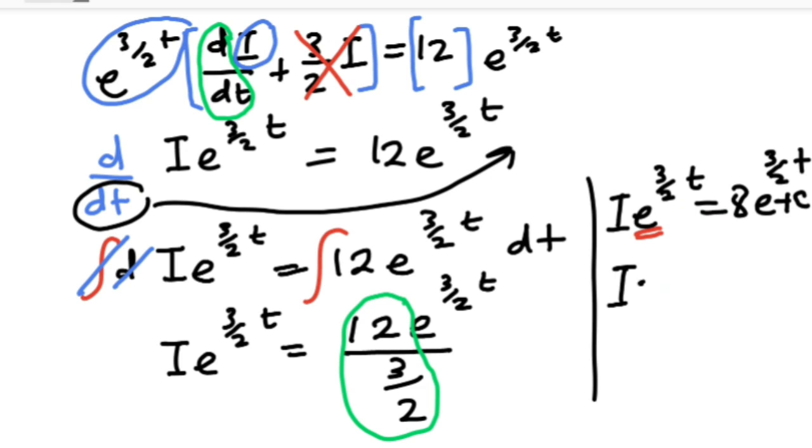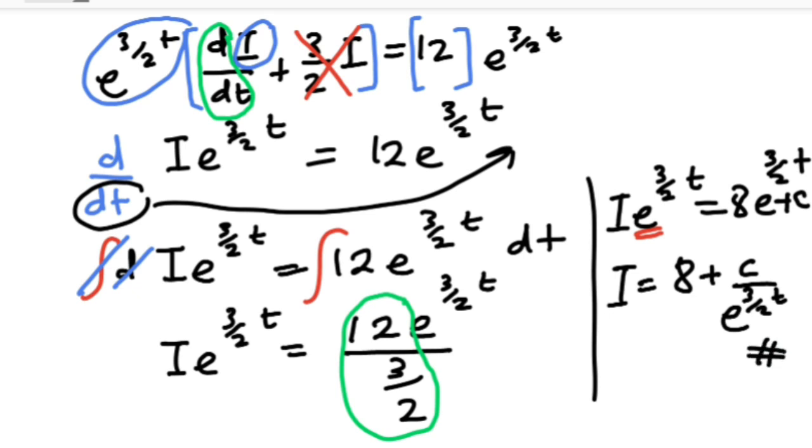After dividing, the answer will be 8 only, because e^(3/2 t) is divided by e^(3/2 t), plus c divided by e^(3/2 t). That is what happens when we bring e^(3/2 t) to the right hand side. So this is our answer.